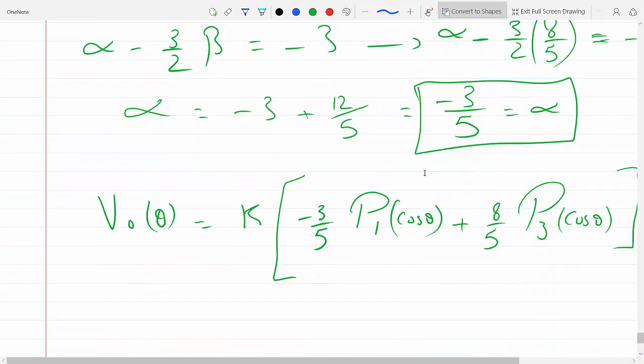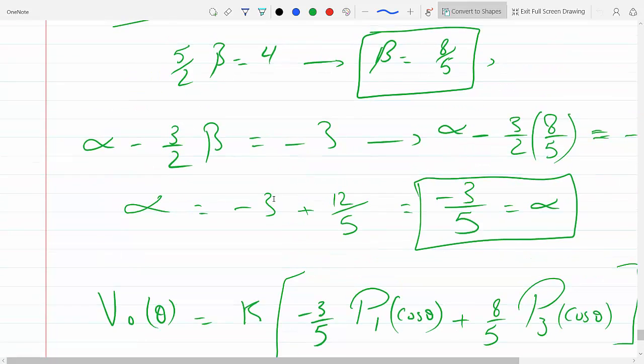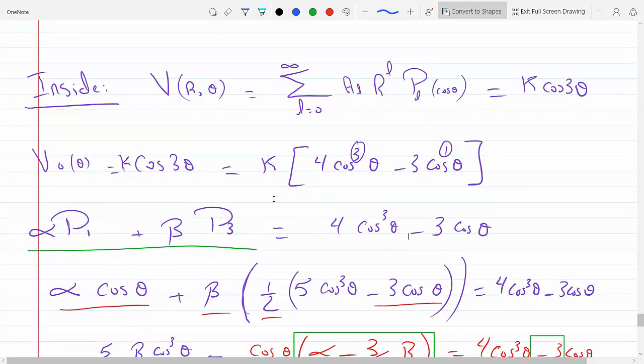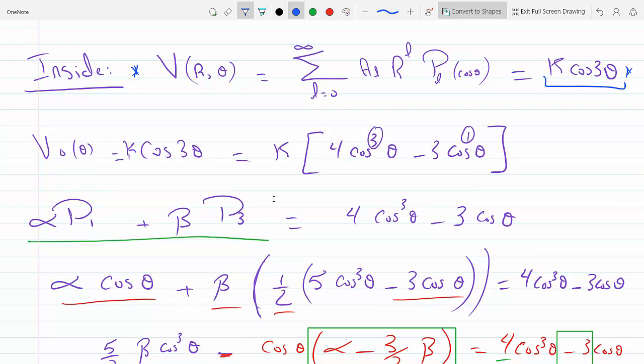Okay, so now we are down to here. So now we have the surface potential in terms of our Legendre polynomials. Now back to this equation, here, the first one inside. I'm going to replace this with what I expanded this into.